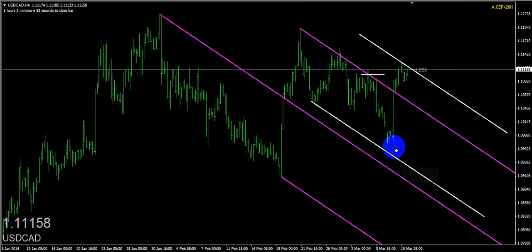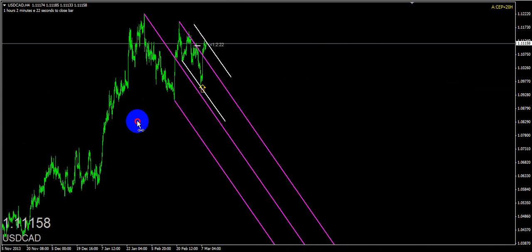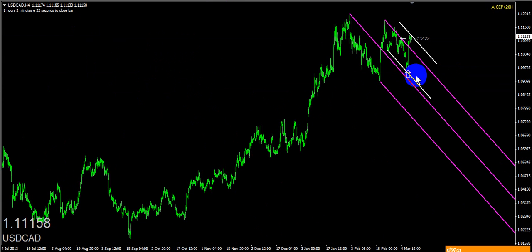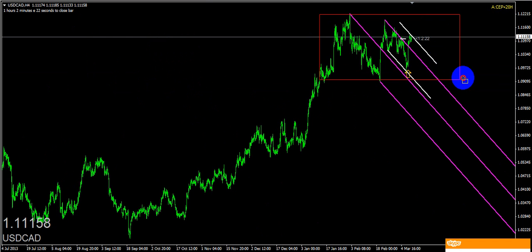I don't see that happening immediately, but it could, because that's a huge volume bar. But if you zoom out, you'll see that there's a lot of room for this to play around in. So it looks like it might be ranging up here for a bit before it makes up its mind on what it wants to do.